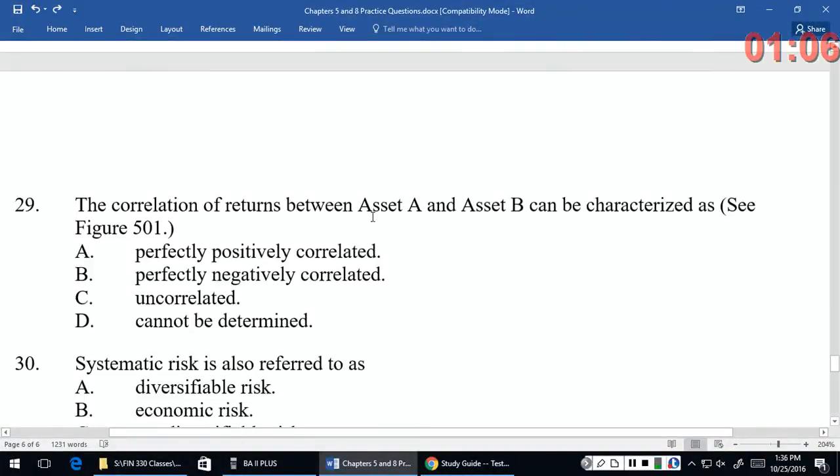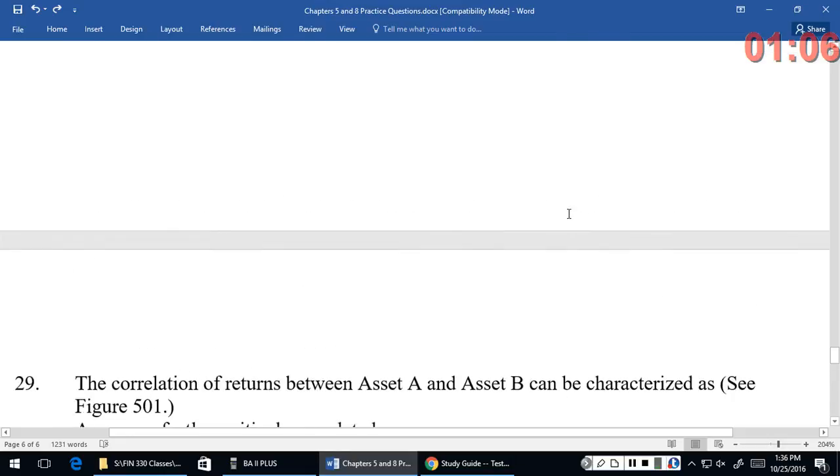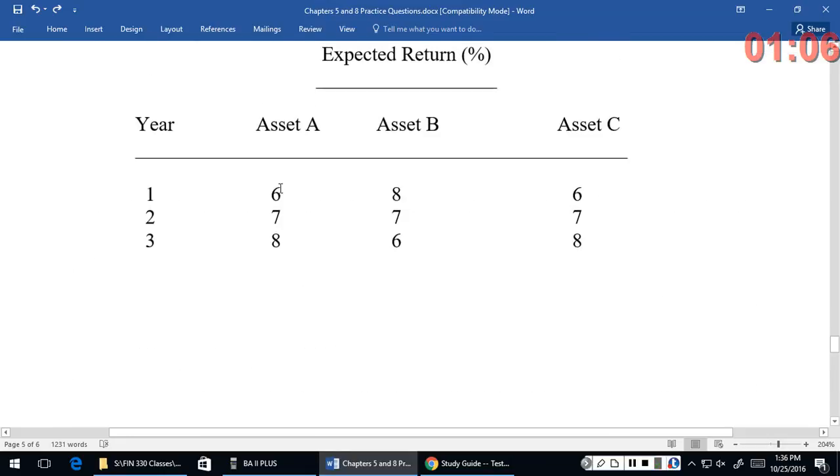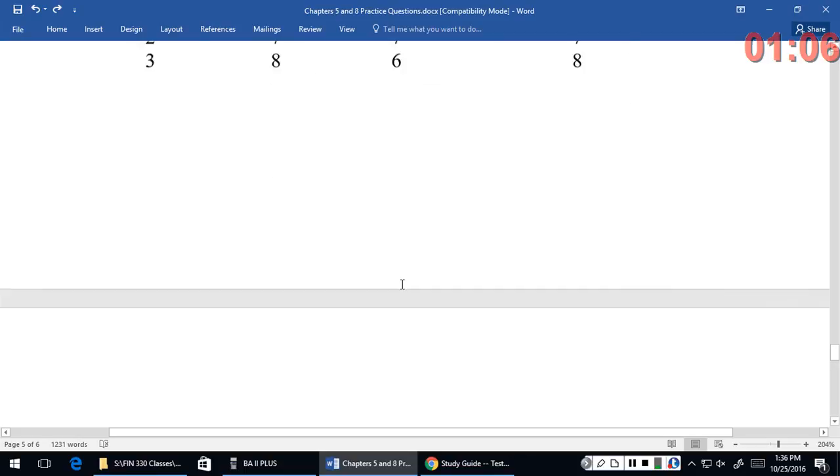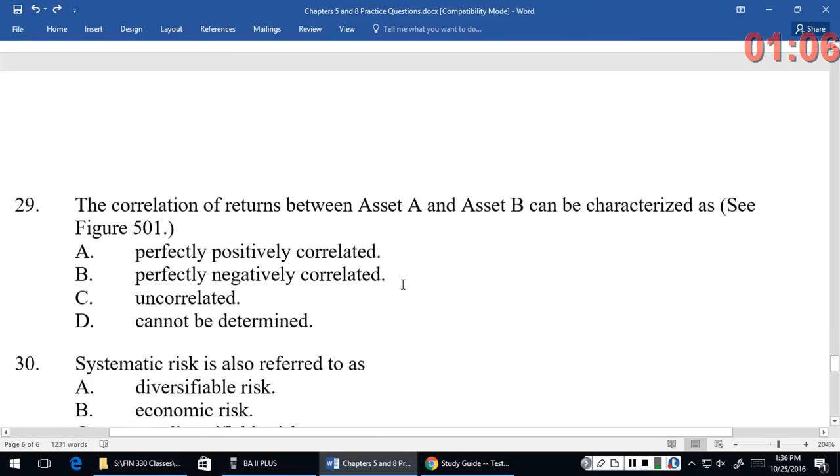It says the correlation of returns between asset A and B can be characterized as, so if we go back and look at A and B, notice that over time as asset A is increasing, asset B is decreasing. So we would say that there is a perfect negative correlation between these assets.